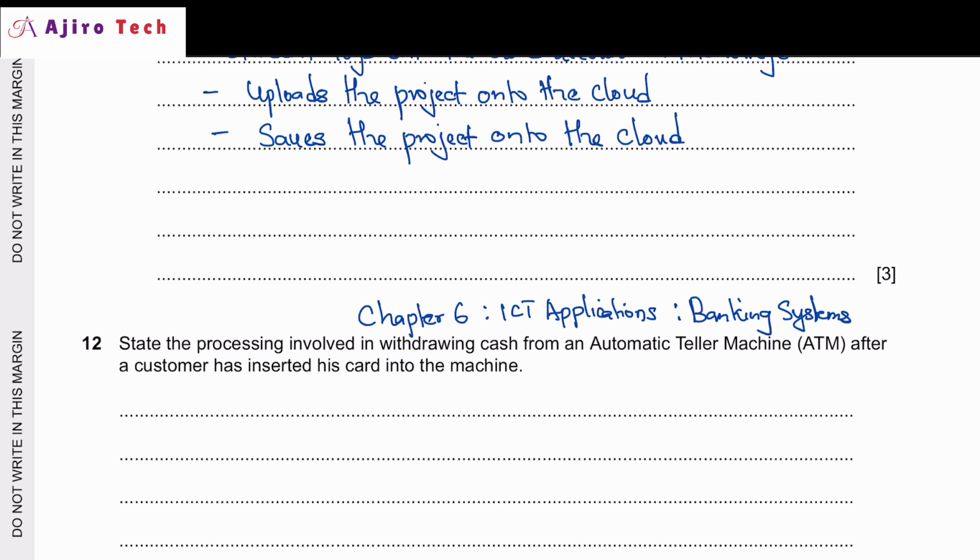What else again? Where you can do your credit and debit card transactions, check clearing, and even internet banking. So we call it the banking application. Okay, so we're now stating the process involved in withdrawing cash after the customer has inserted his card into the ATM machine.